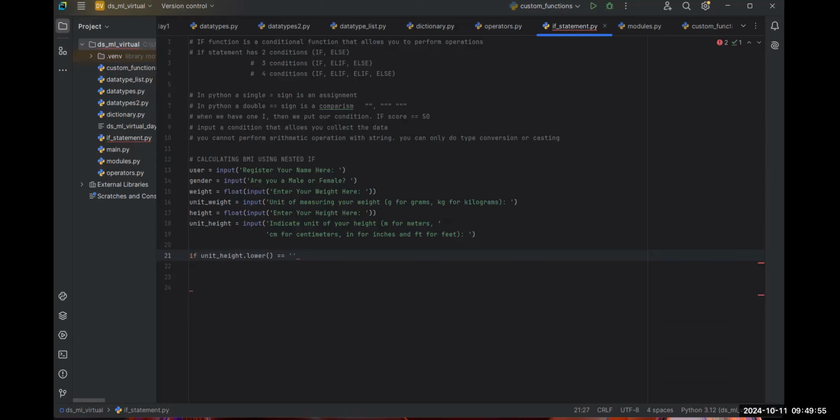But now, look at what we are going to do. Let's go ahead with, if unit height is equal to cm, and, the if and goes together, because during comparison, if this is not this, do this for us. But now we are having two scenarios. We are comparing both weight and height at the same time.